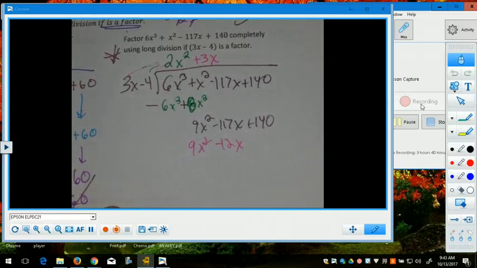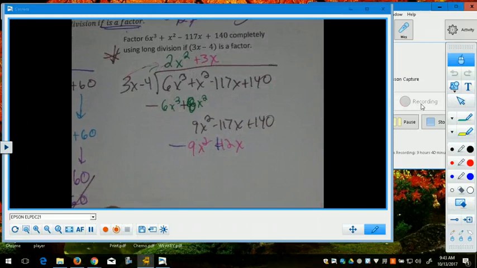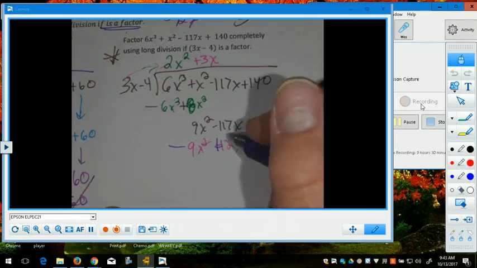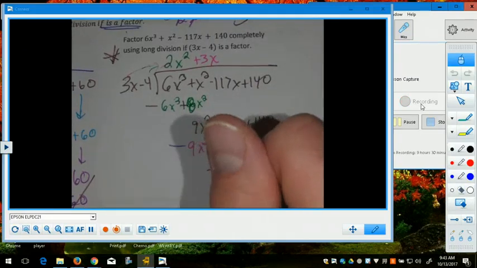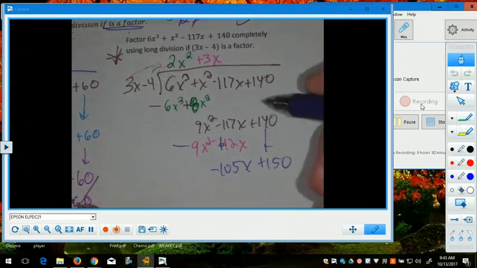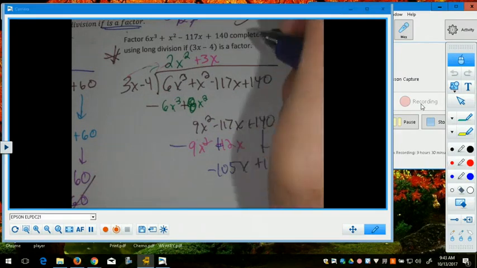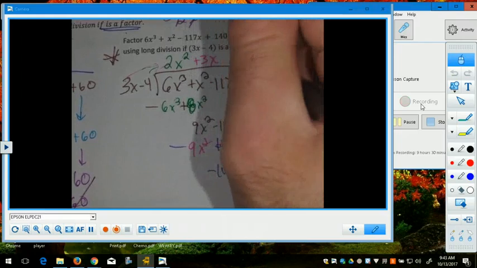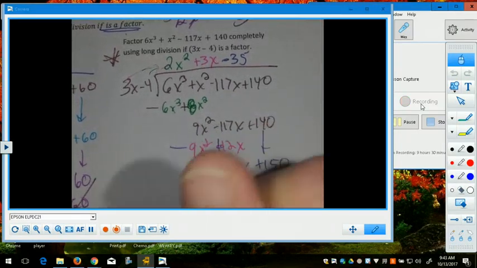When we change the sign and bring them down, we get negative 105. And then I bring down the 140. To get 105 from 3, what times 3 is 105? 35, right? So minus 35, because that will multiply to negative 105x.